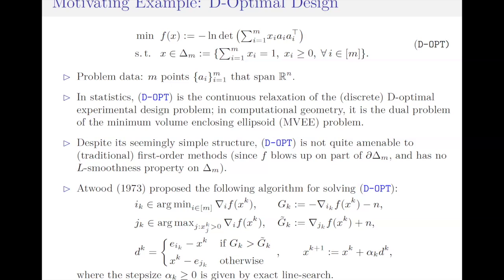Then we compare these two quantities. Remember, gk is a Frank-Wolfe gap, and this one, gqk, is another positive quantity. If gk is greater than gqk, then we take the direction given by the vanilla Frank-Wolfe gap, and in this case the iteration is exactly the same as Frank-Wolfe. But if the Frank-Wolfe gap is smaller than gqk, then we take another step given by jk. This is called a weight step.